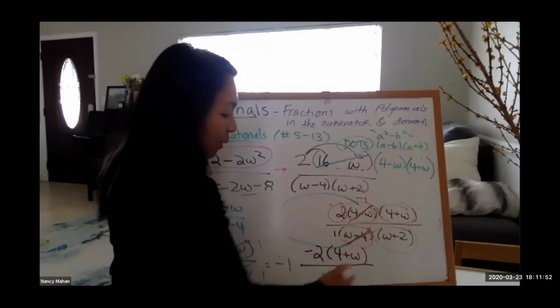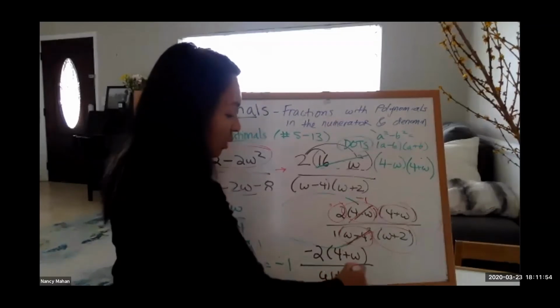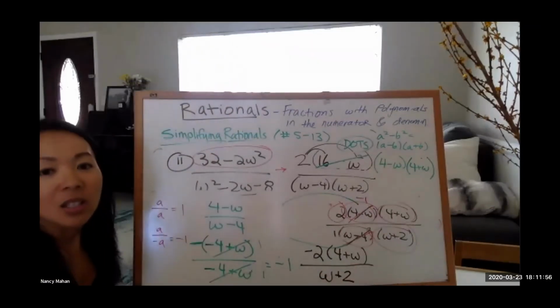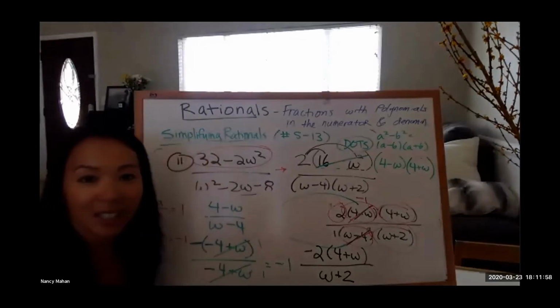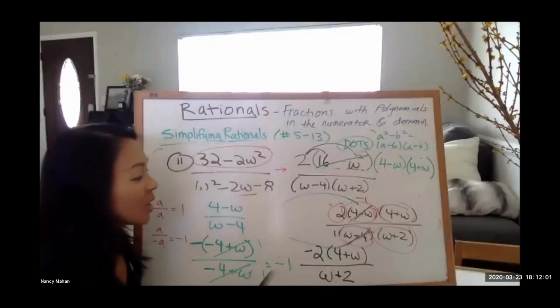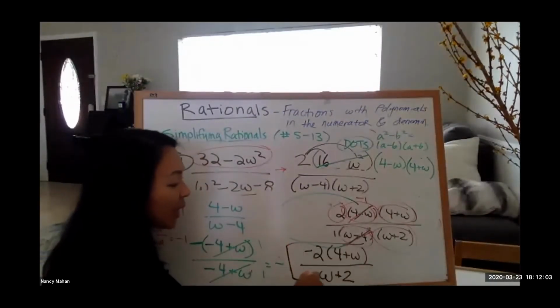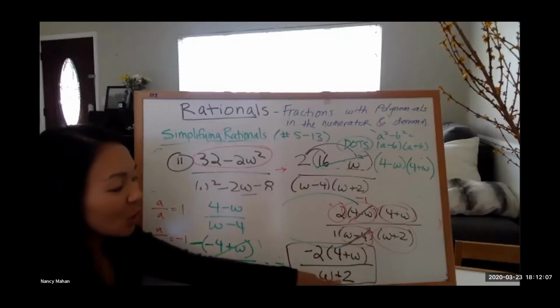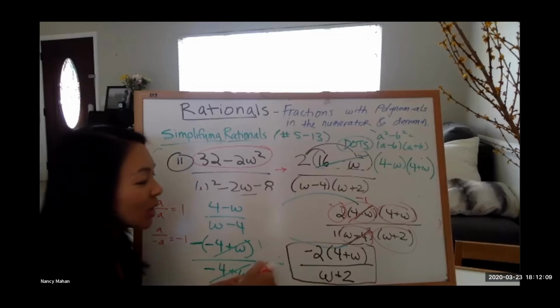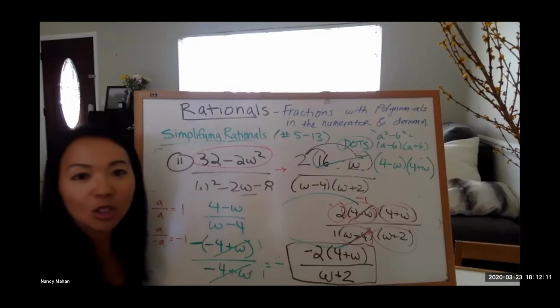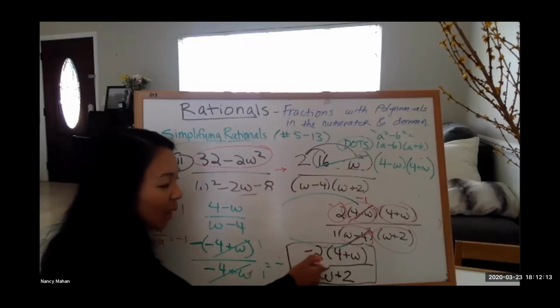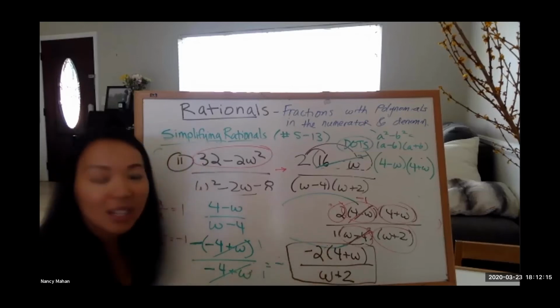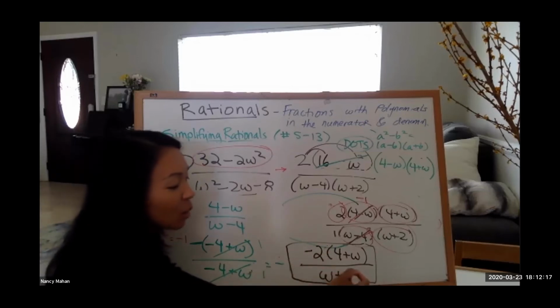And then here I have a W plus 2. So again, it's not easy. This is pretty challenging. So this is our final answer. And notice there's a 2 here and a negative 2 here. A lot of students think that they can cancel out the 2, but you cannot cancel out these 2 because W plus 2 is a factor.